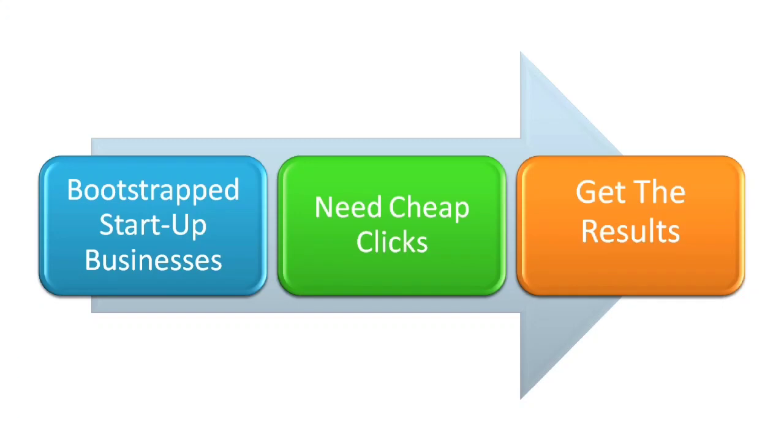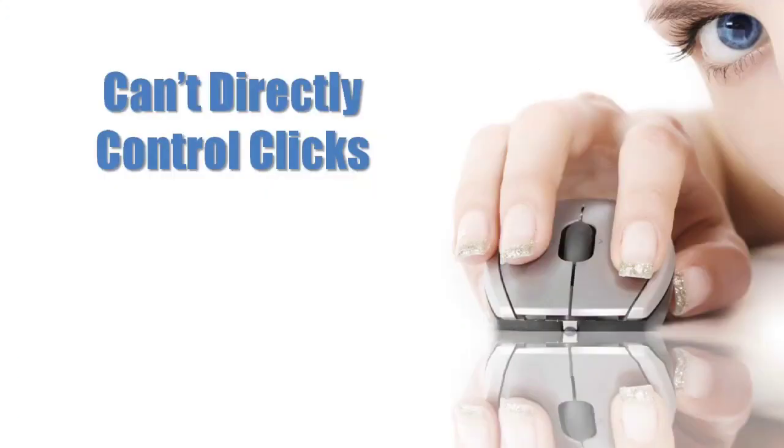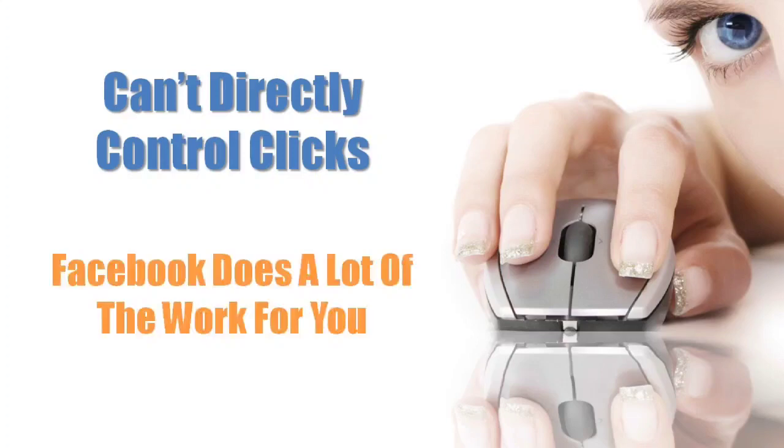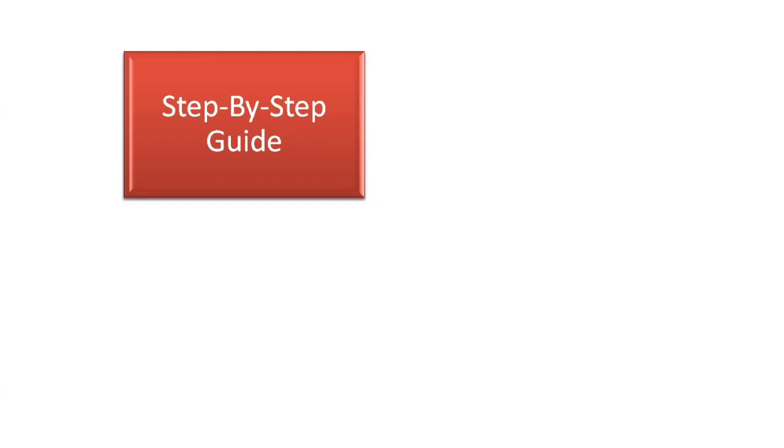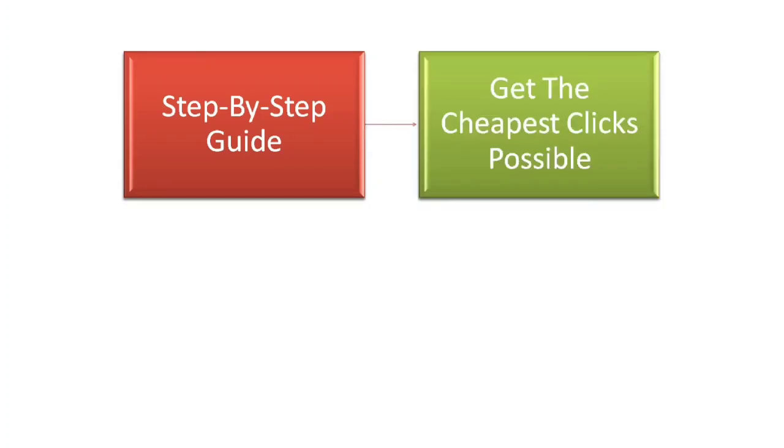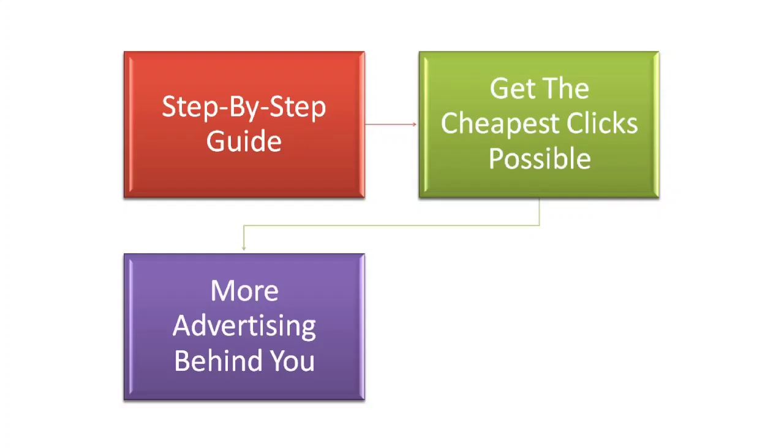It's important to understand that you can't directly control clicks. Facebook does a lot of the work for you, but it's possible to keep that traffic directed within Facebook. This step-by-step guide will help you get the cheapest clicks possible, and you will walk away with a little more advertising behind you and a heavier wallet.